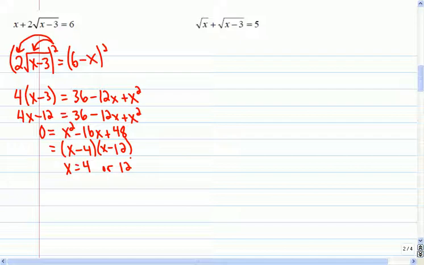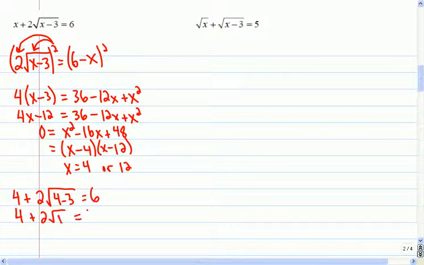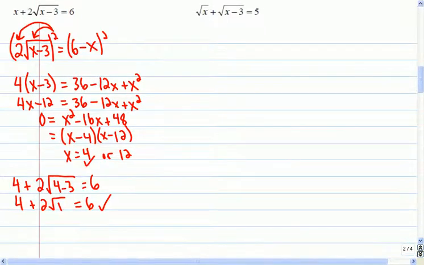So I'll try them again versus the original equation. Does 4 plus 2 root 4 minus 3 equal 6? That's correct. So I will keep that as one of my solutions.